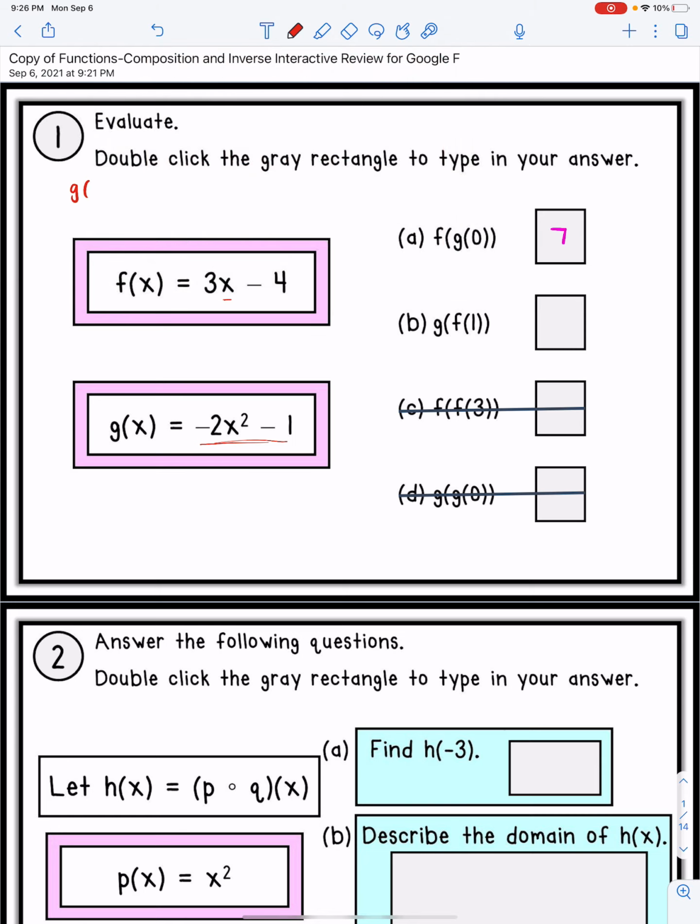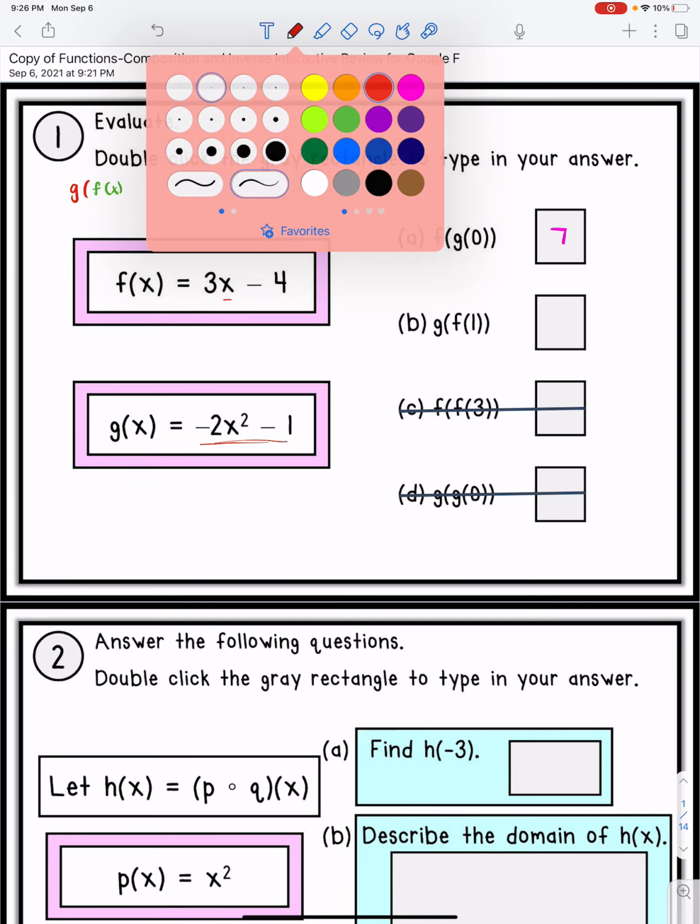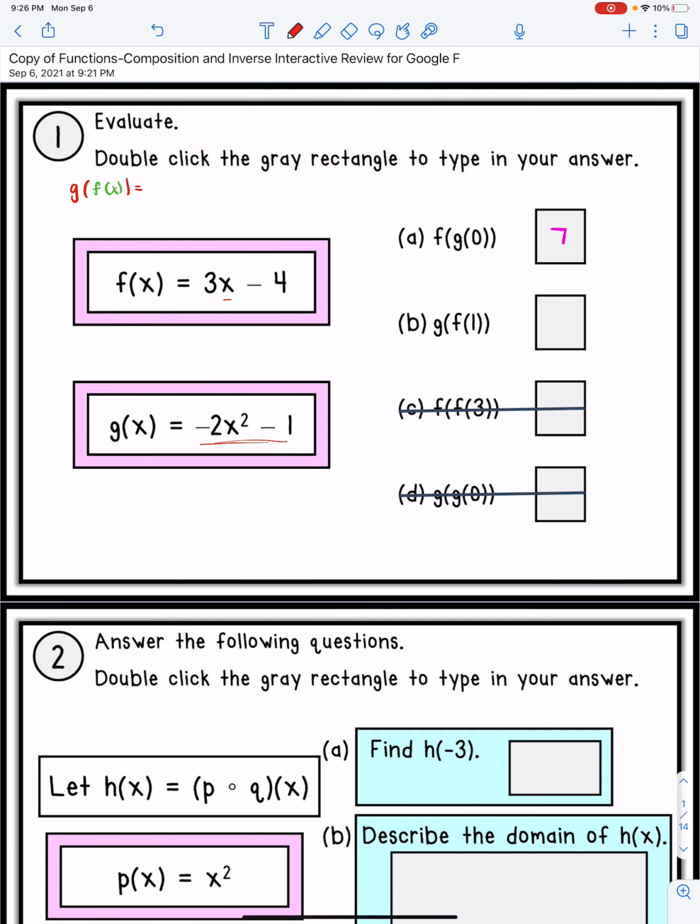So g of, our new input will be, we're going to use f of x first. So we're going to start writing everything that we know is g. So negative 2, leave a blank for your x squared minus 1. Now our new input is f, so we're going to put all of f into our parentheses, so 3x minus 4.